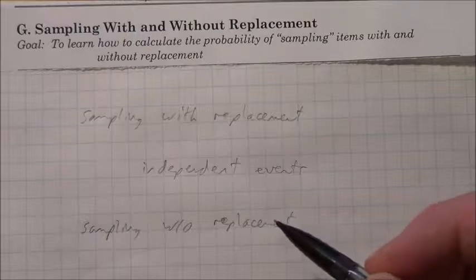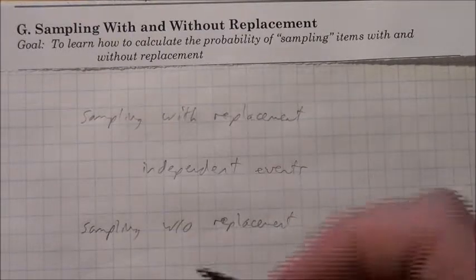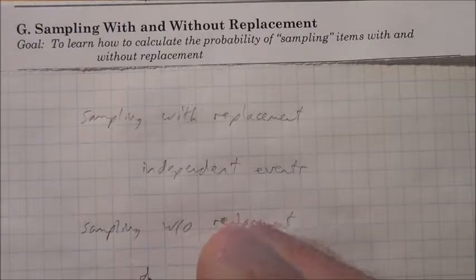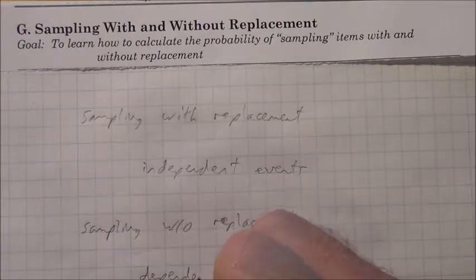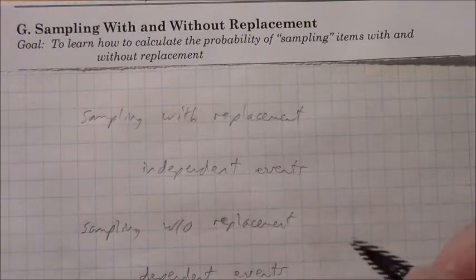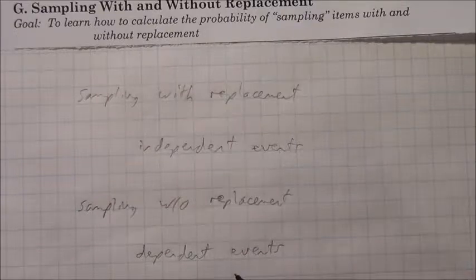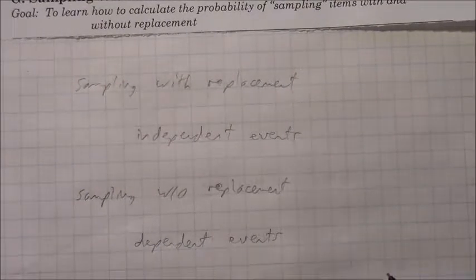The sample space is changed, therefore the probability gets changed for the second draw. Therefore these are called dependent events, because the probability of the second sampling is dependent on the probability of the first, or the fact that one of the items is removed from the sample space.